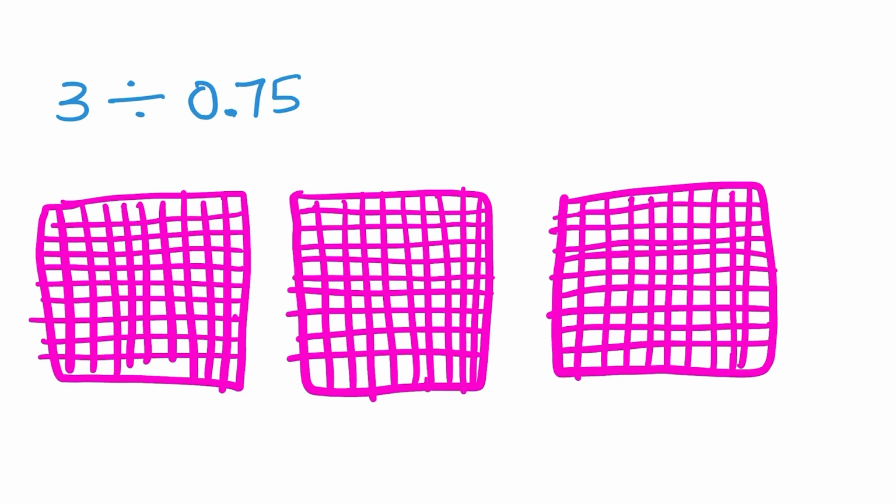Okay, so now these are split into hundredths, and I'm making groups of 75 hundredths.